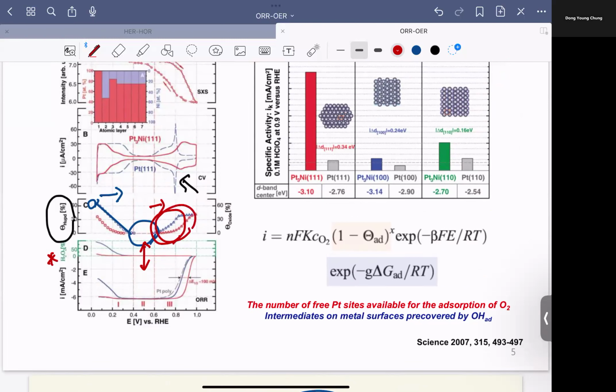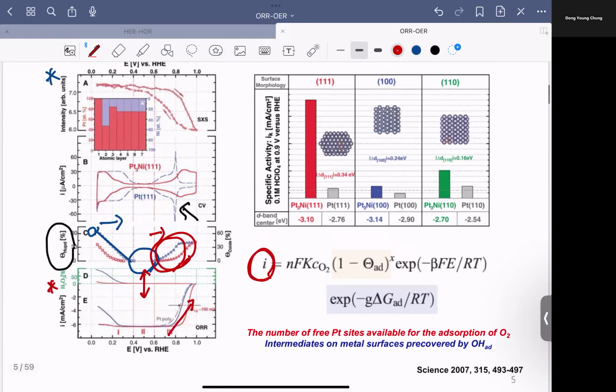When a certain coverage of the platinum is covered by OH, the activity decreases, which means that the total current is governed not only by the thermodynamic, energetic parameter, but also we have to think about how the active site can be exposed as an active site, right?